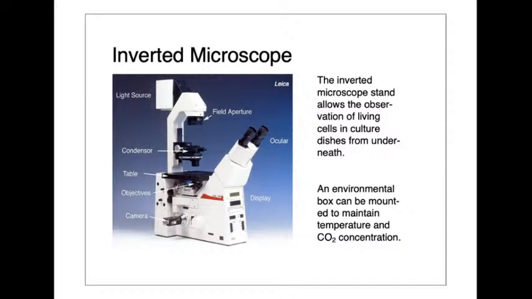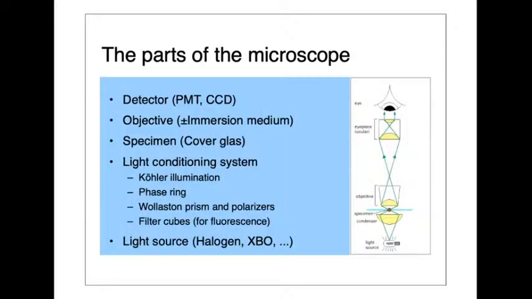An environmental box can be mounted to maintain temperature and carbon dioxide concentration. So these are the various parts of microscopes. There is a detector, objective, specimens, light conditioning systems, Kohler illumination, phase ring, Wollaston prism, polarizers, filter cubes, and light source.